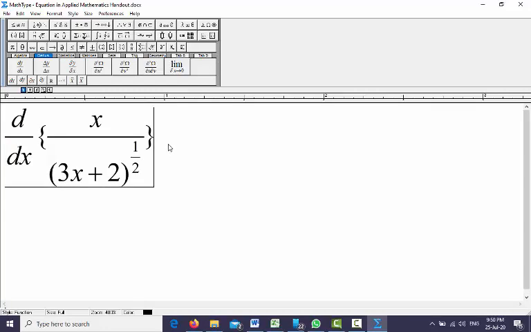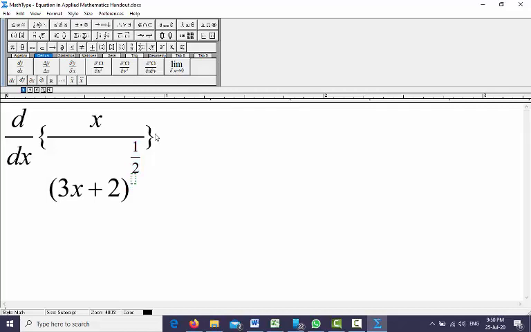So if you want to solve this differentiation, if you want to do differentiation of this one using multiplication rule of differentiation, in that case you have to bring this one up.